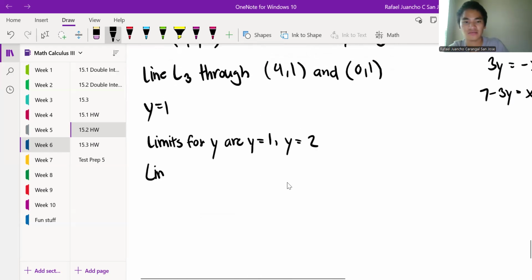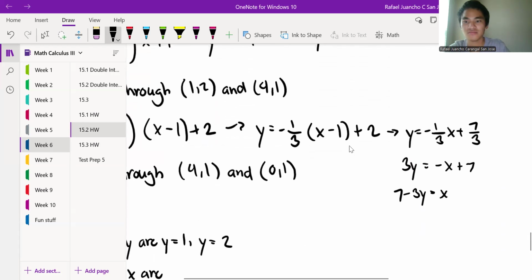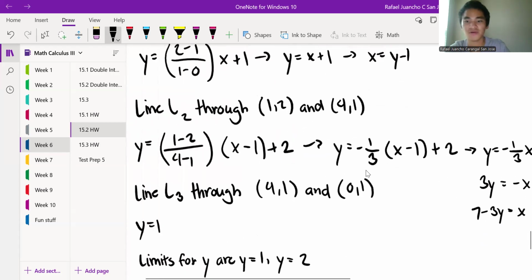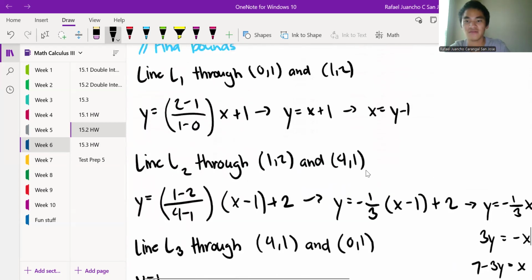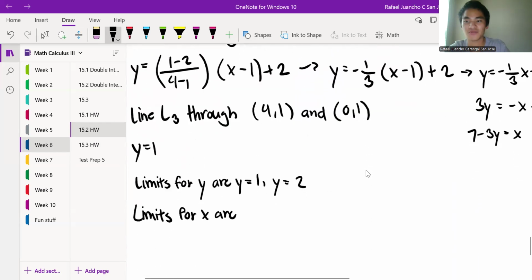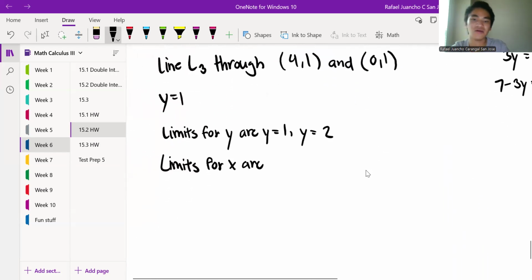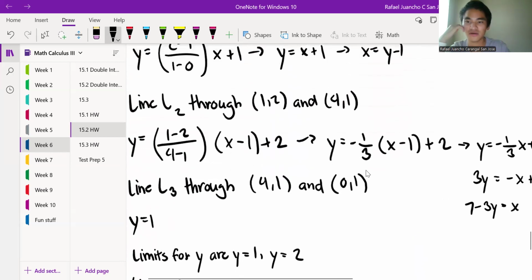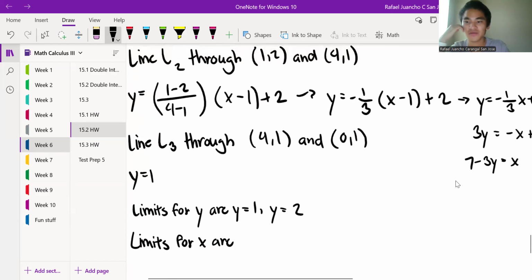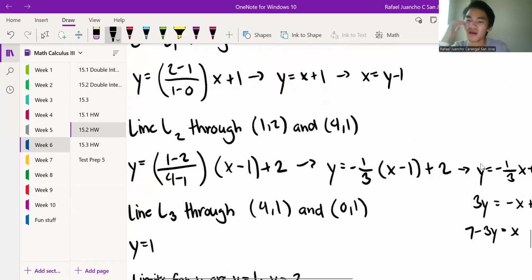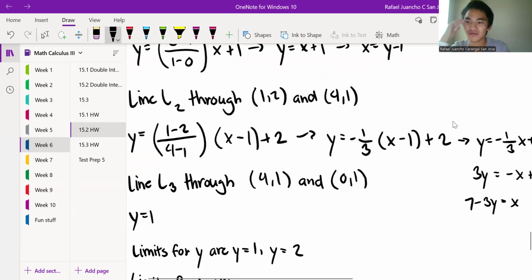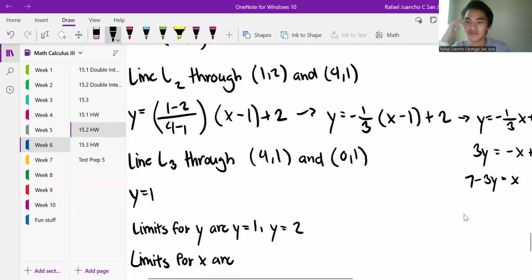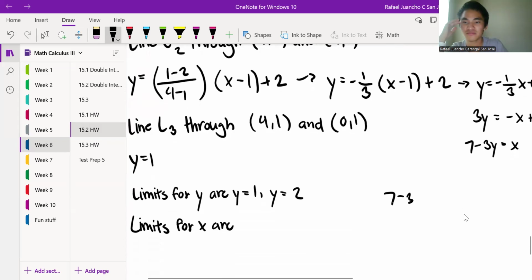Then my limits for x, well, these are the following in terms of y. So here we have y minus 1 and 7 minus 3y. So I don't know, we play around. So we plug in a 1. Which one is bigger? If I plug in a 1, this is 0. If I plug in a 1, this is 4. So this one's bigger.